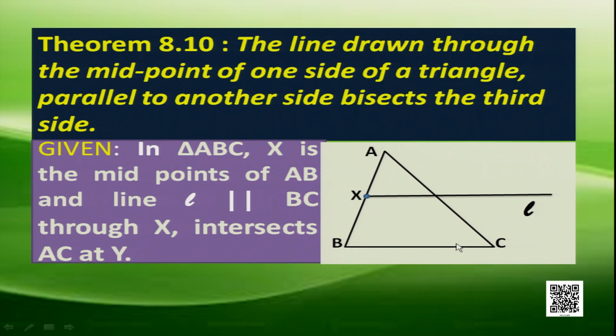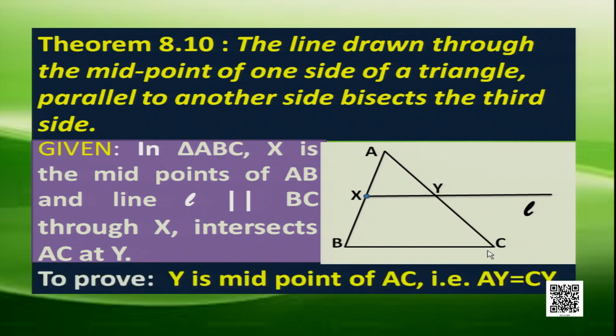We have to show that if this line XL intersects AC at Y, then Y is the midpoint of AC, that is, we have to prove that AY is equal to CY.